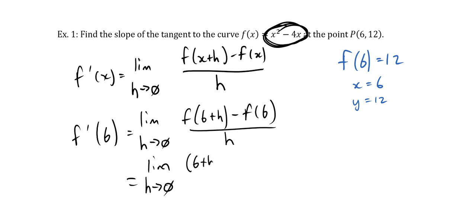X is 6 plus h, squared, minus 4. And don't forget there are 2 x's, 6 plus h. If there were more x's, I would sub in everywhere for x. And then what's f at 6? It's 12, so minus 12 over h.